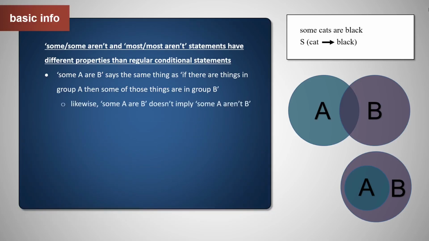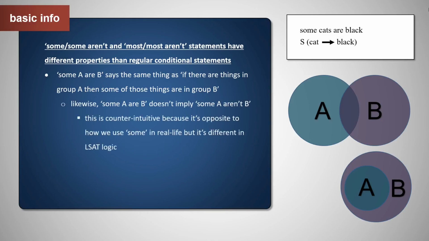Now, some A or B doesn't necessarily imply that some A are not B. Now, this is counterintuitive because it's opposite to how we use some in real life, but it's different in LSAT logic. So just because you have some A are B, that doesn't necessarily mean that some A aren't B, and you can see that by that second symbolization on the bottom. Because once again, going back to what some means: at least one, potentially all.